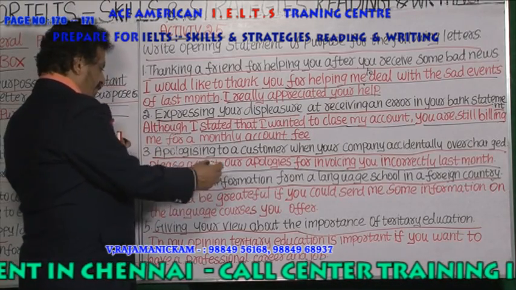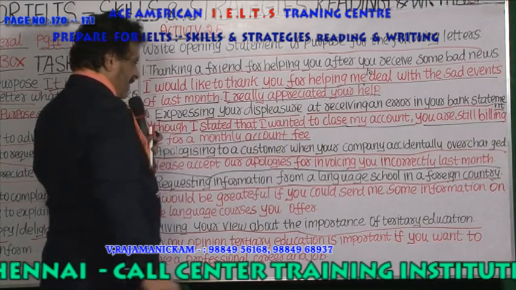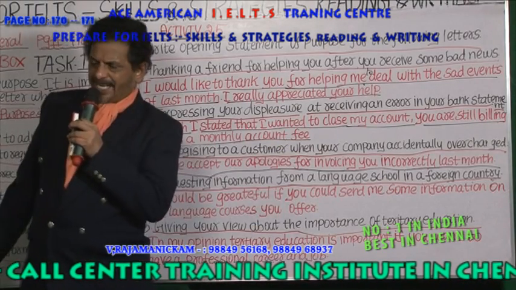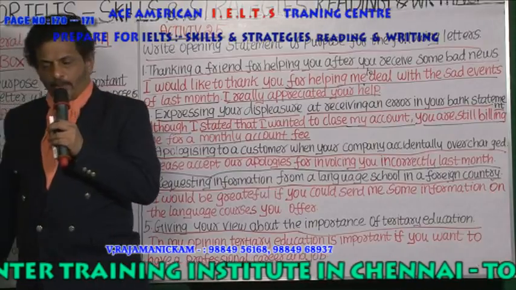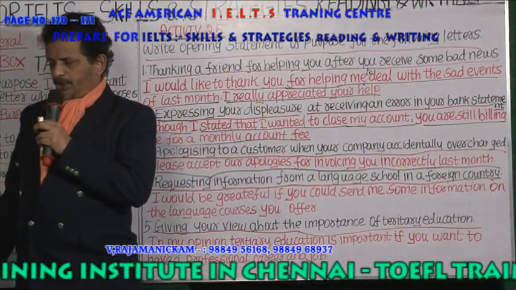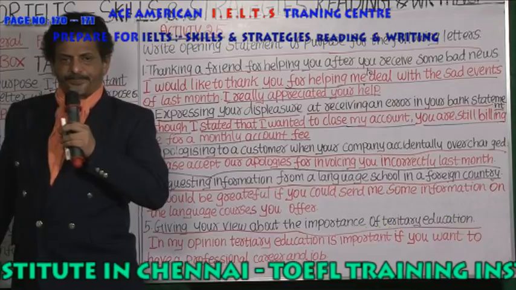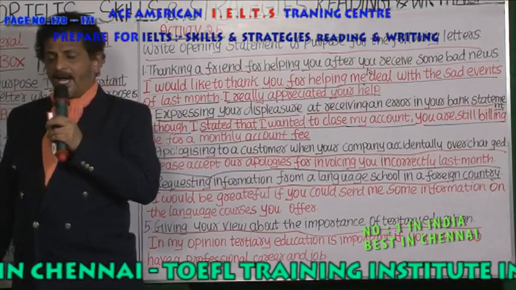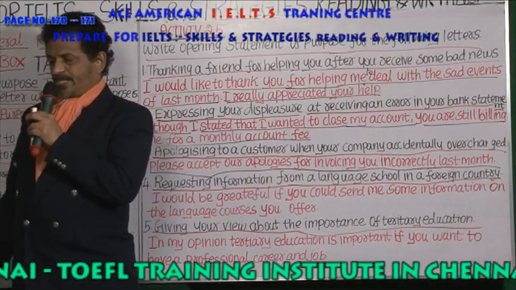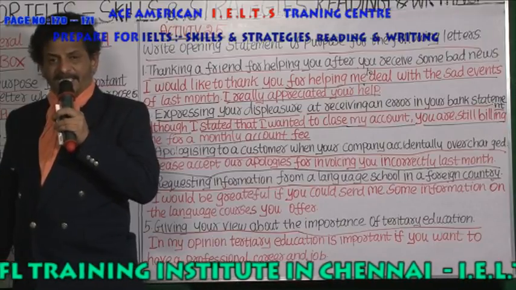You are requesting information from a language school in a foreign country. You want to go to China. You're going to stay over there for 1 year. You want to join an institution over there. So you write a letter asking them for information about the course, the fees, the timings.